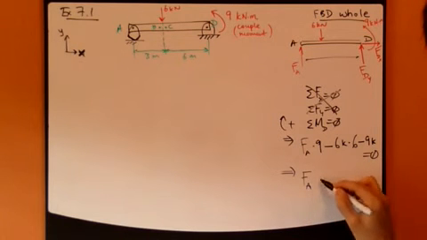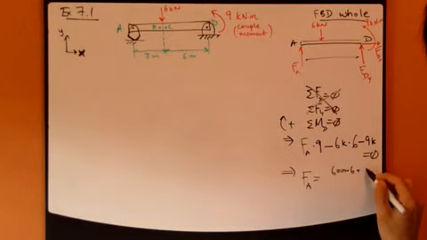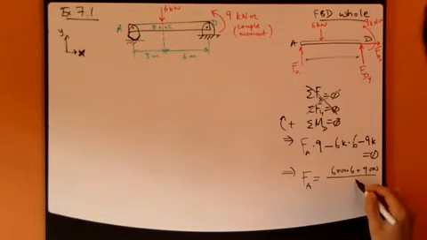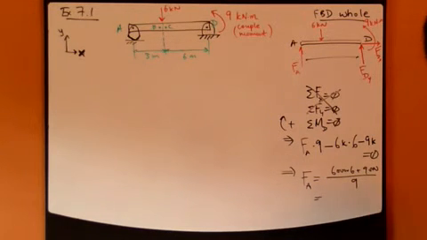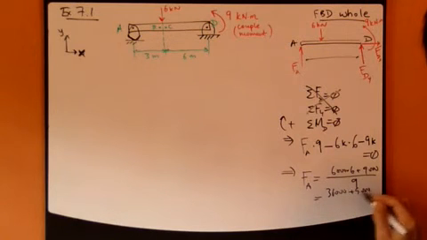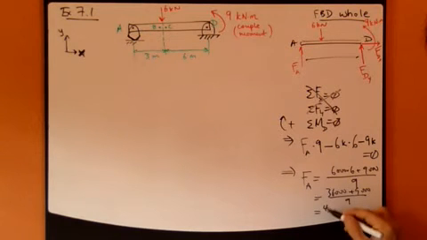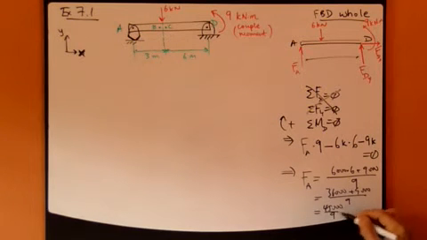Now you can crunch numbers, right? So move that over to 6,000 times 6 plus 9,000 divided by 9. So 36,000 plus 9,000 divided by 9. Right, so you have 45,000 divided by 9.